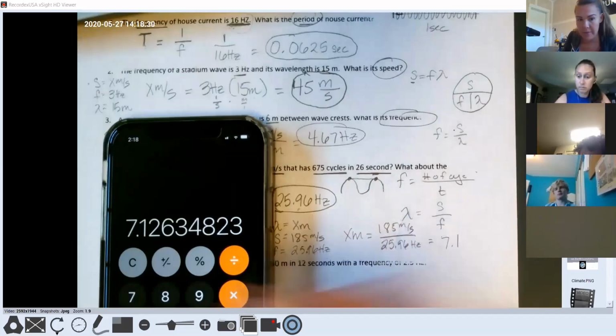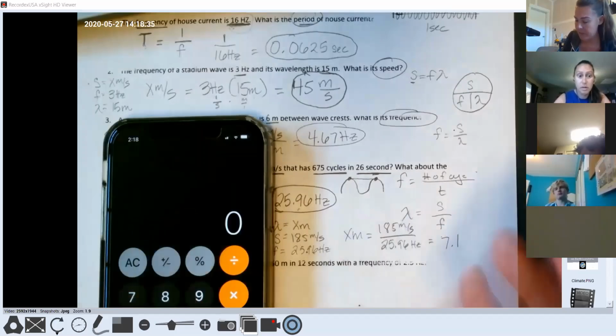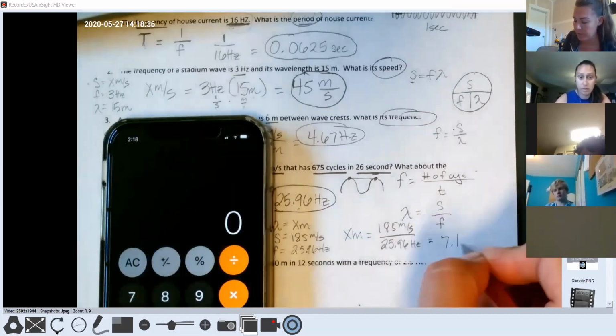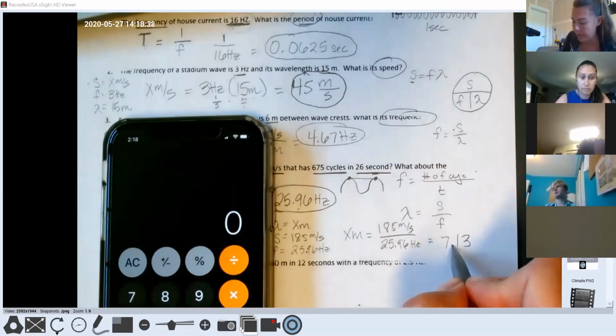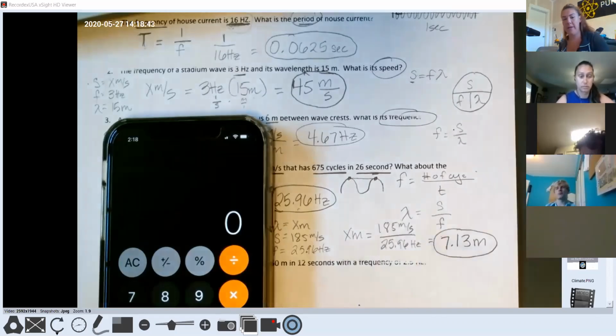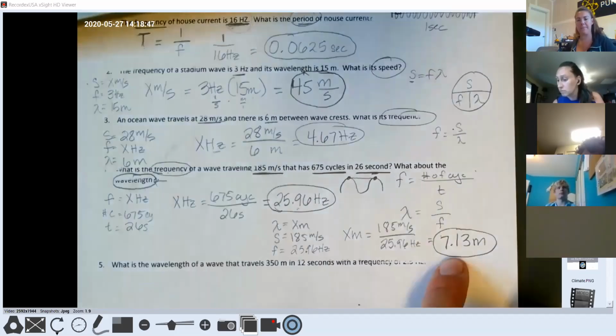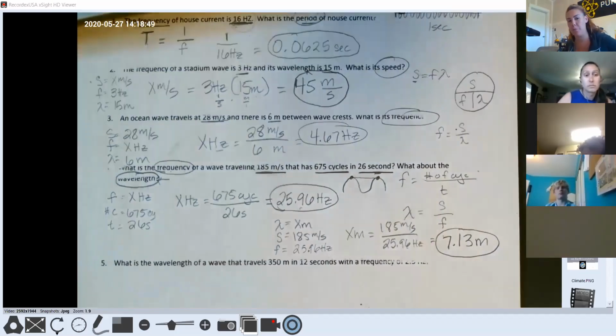And I'm going to use the 6 to round the 2 up. Oops, what did I do? Anyways, there was a 2 there. So I'm going to round it to 7.13 meters. So now I have used all the information there to find both my wavelength and my frequency. So that would be an example of a 2-part problem where you have to find one first to get to the next one.